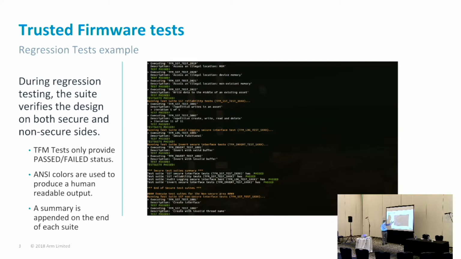It's quite verbose. They're also grouped based on the side that you're running them: if you're running the tests on the secure side or on the non-secure side. At the end of each side, there is a summary appended, which is quite useful to have an overview of what has passed and what not.